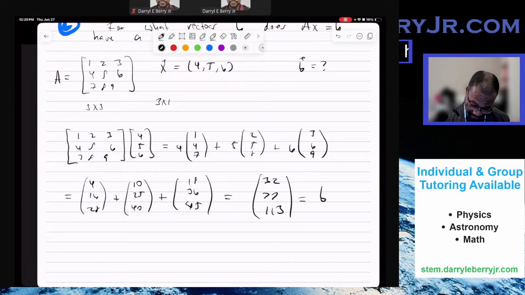And that equals B. So for that vector, is that what they mean? Right.